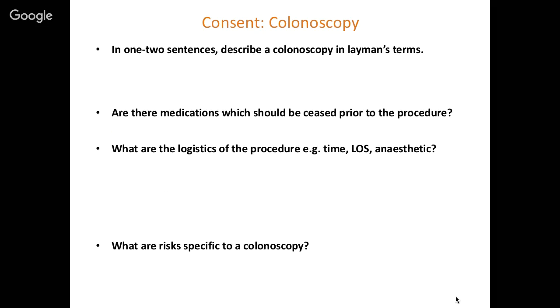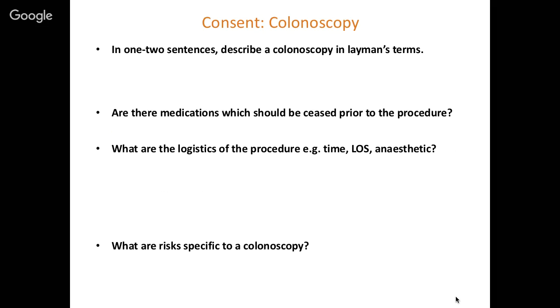So in one or two sentences, can someone describe a colonoscopy or what a colonoscope is? Just very briefly. So what is a scope? Yeah, it's a long, flexible tube with a camera on the end.